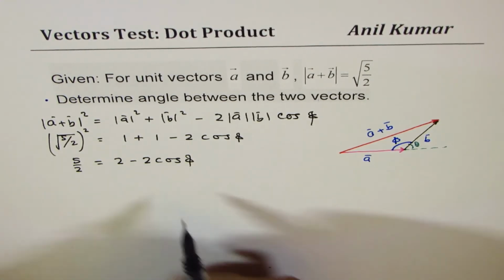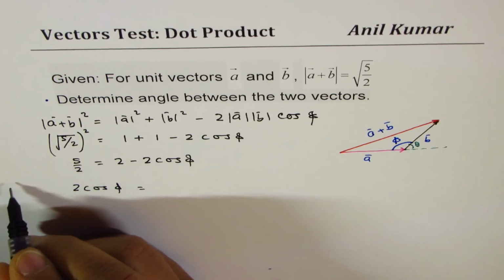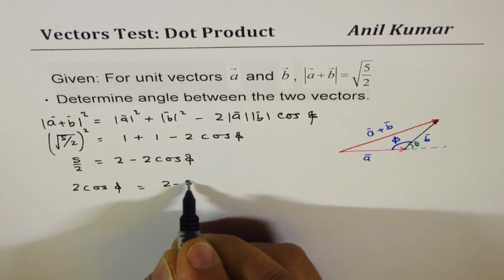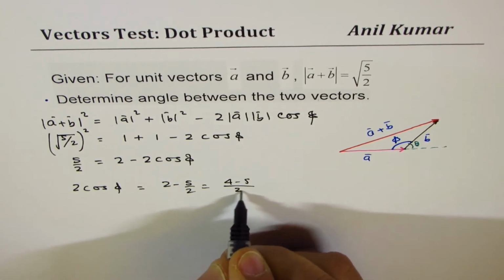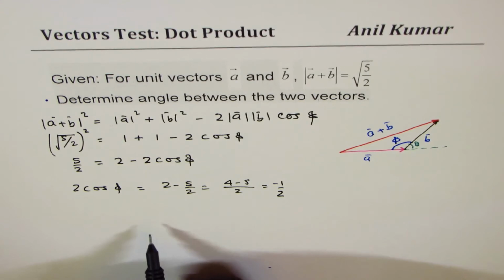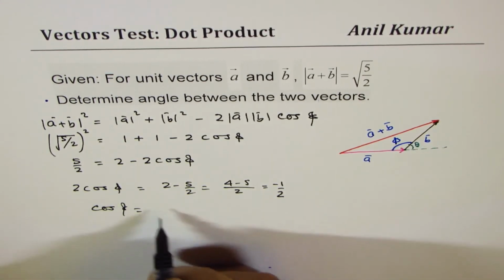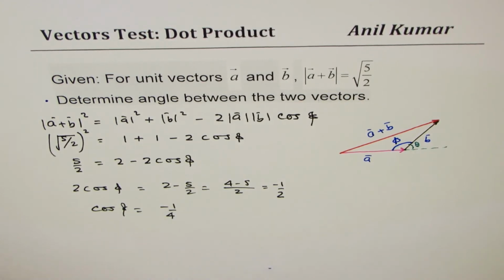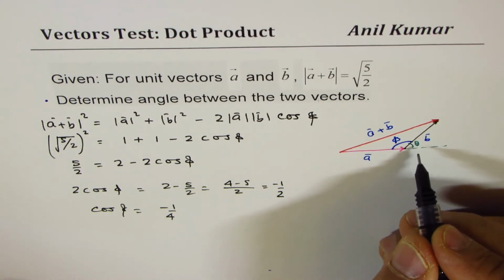Now to bring it, we can say 2 cos phi is equal to 2 minus 5 over 2, or we can say 4 minus 5 over 2, which is minus 1 over 2. Perfect. So cos phi is equal to minus 1 over 4, right? Now what is cos theta?